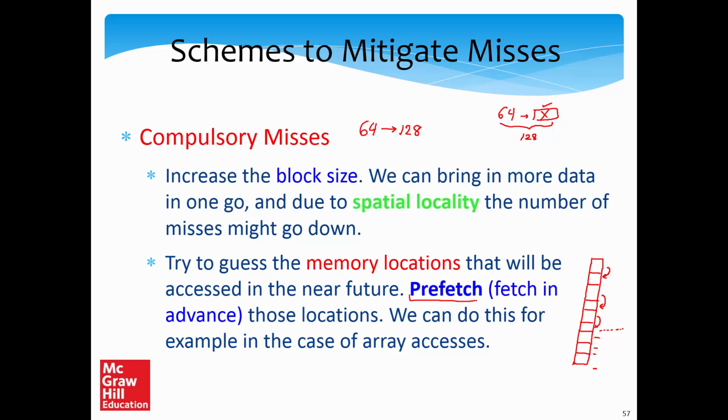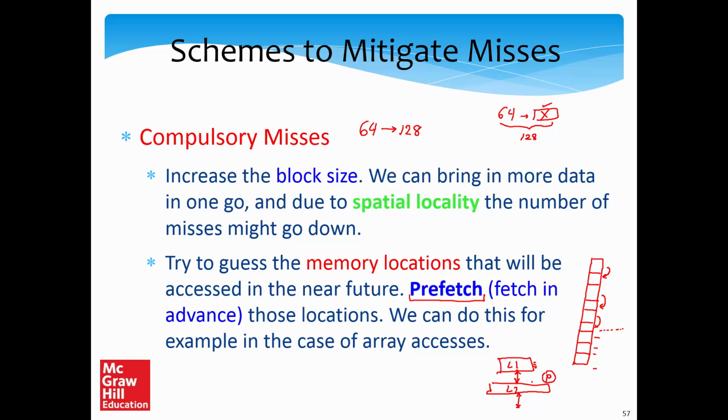Prefetching means guess, predict what you will access in the future, and fetch the data from the lower levels of the memory system. Which means that if we have an L1 cache and we have an L2 cache, and we have a small prefetching circuitry over here, it can look at all the accesses that are going into the L1 cache and, on the basis of that, make a guess about what kind of accesses are required.